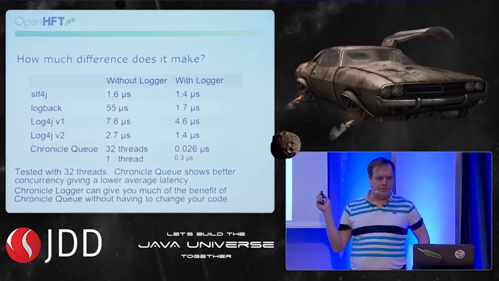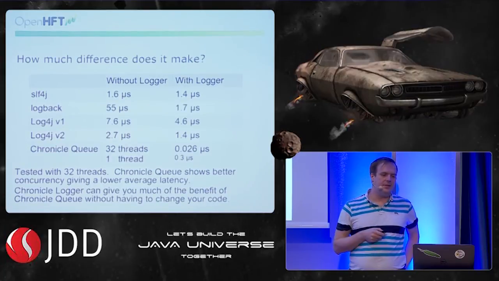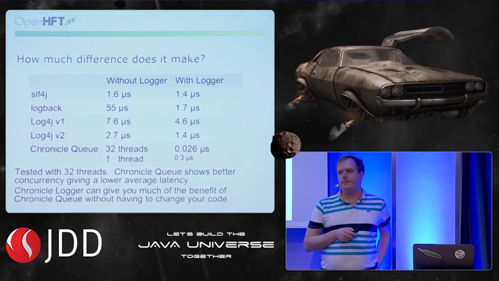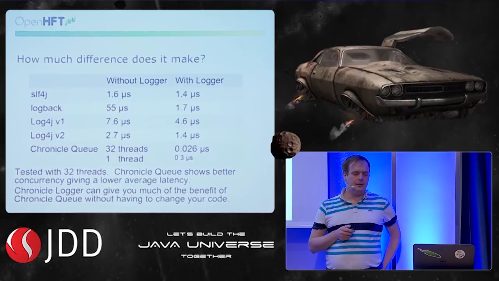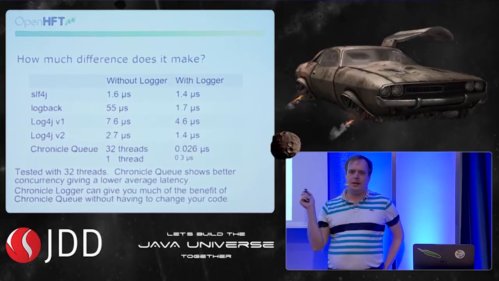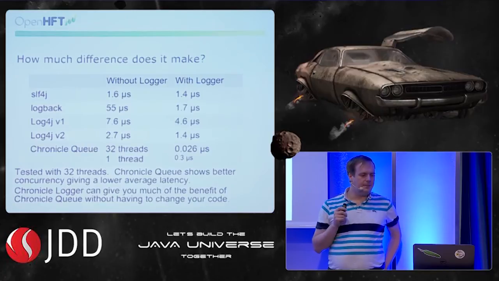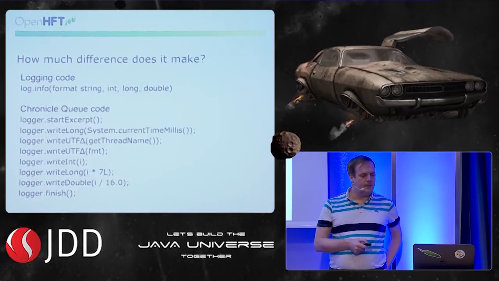So these are the ones we support: SLF4J, Log4j, and Logback. We don't have the Sun logger yet, or the JDK logger yet, but we've got that on the roadmap.